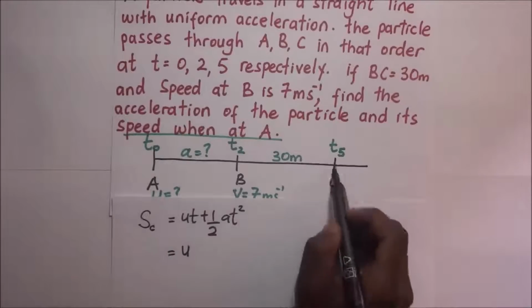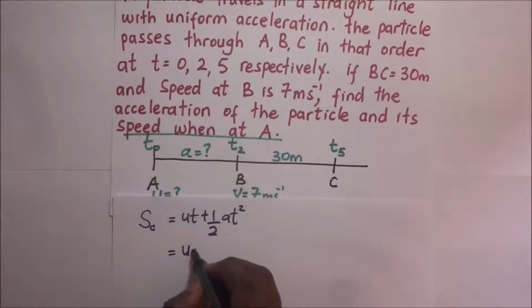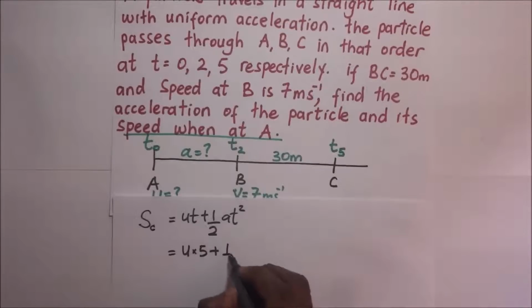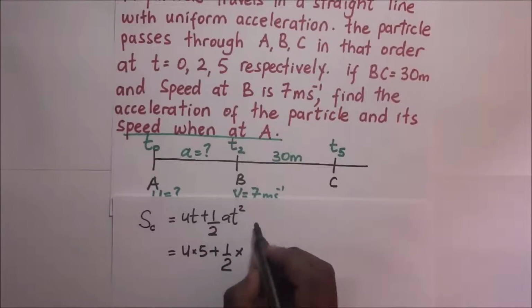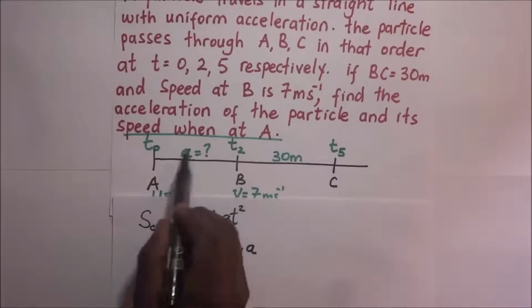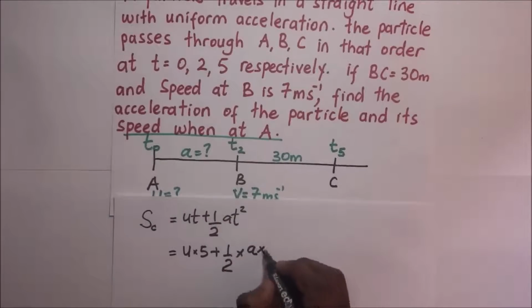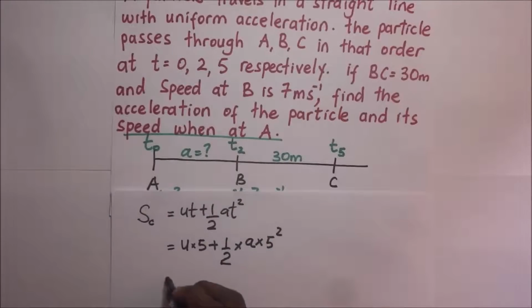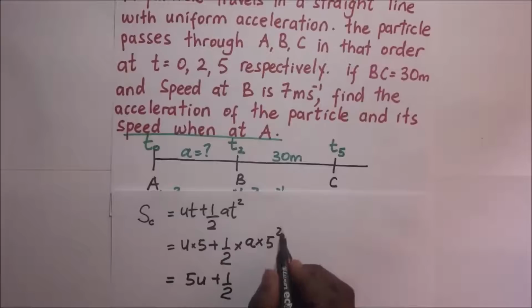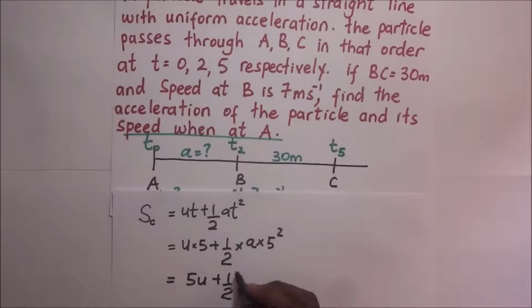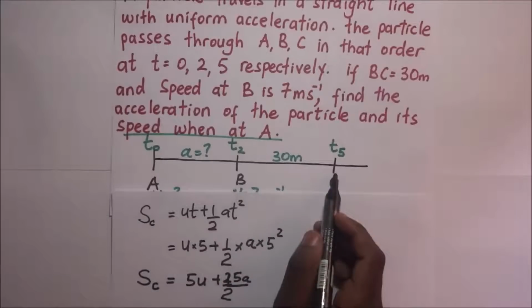T at C is 5, so U times 5 plus a half times the acceleration, which we do not know, times 5 squared. Here we end up with 5U plus a half times 25A, so this is 25A divided by 2. This is the distance covered after reaching point C.